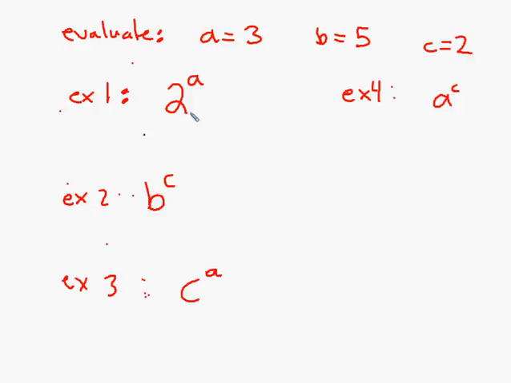How do we do the first one? 2 to the third, which is 8, because it means 2 times 2 times 2. All right. Go ahead and do number 2.